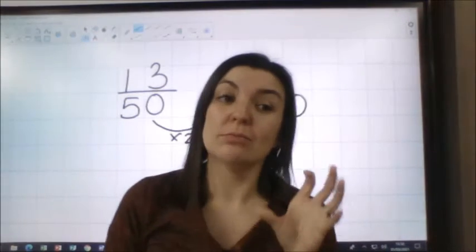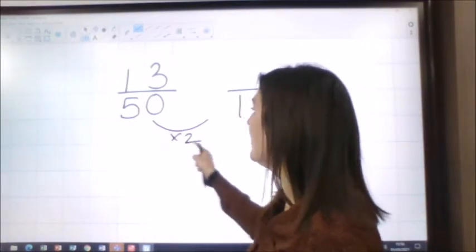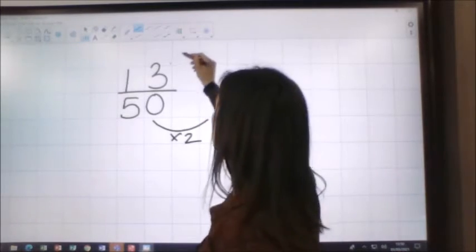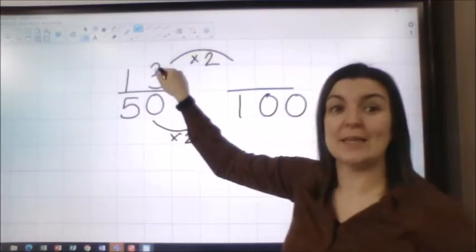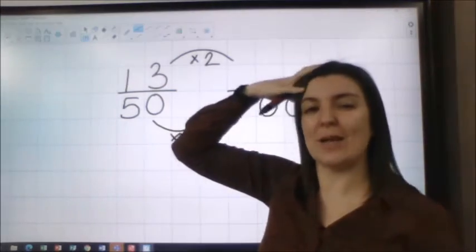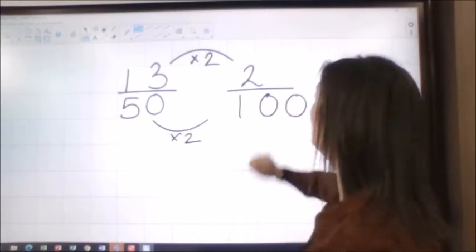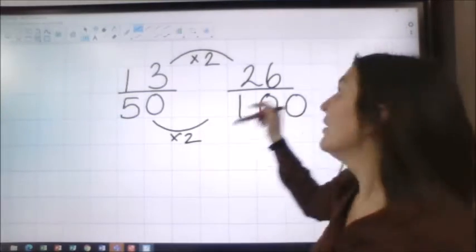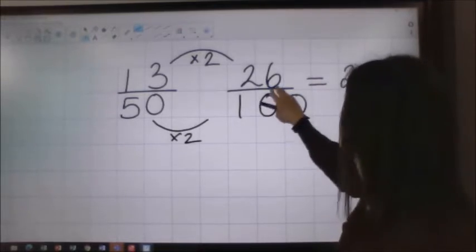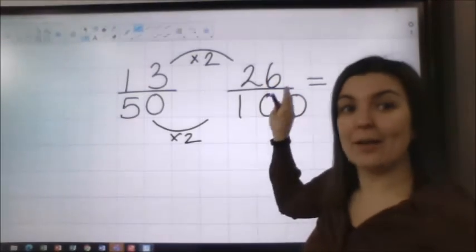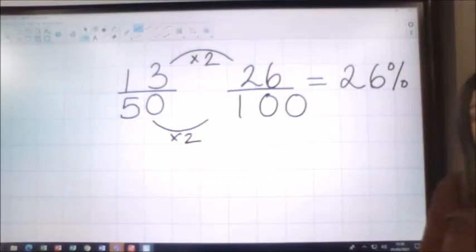Now whatever we do to the denominator, we have to do the same to the numerator. Because we've multiplied the denominator by 2, we need to multiply the numerator by 2. So I'm multiplying 13 times 2. 10 times 2 is 20, 3 times 2 is 6, so that would be 26. And then once I've got it over 100, I can put 26%, because it now says 26 out of 100, and percent means out of 100. So then I can write 26%.